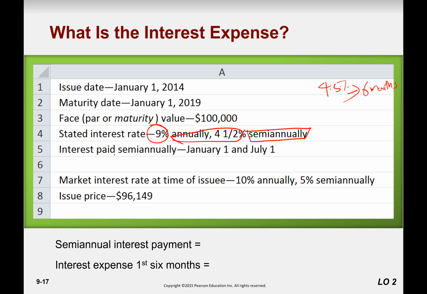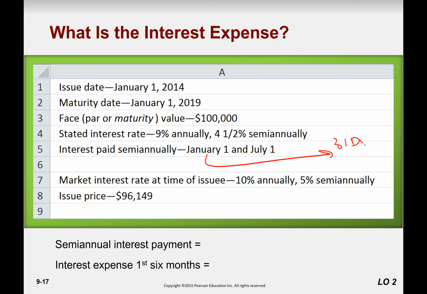Interest is paid semi-annually on this date. Remember, because our books close on the 31st of December, the payment is going to be next year, but the expense belongs to 2014, the total 9%.